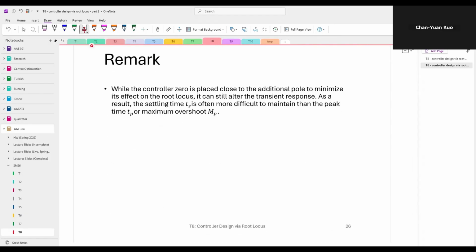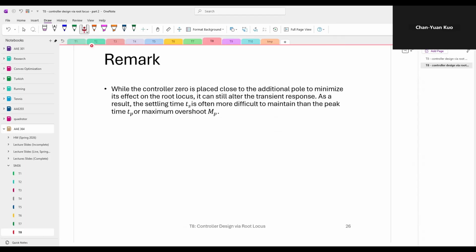And now before we move on to the next exercise, I would like to point out one thing. Although we place the controller zero very close to the added pole so that their effects nearly cancel, this cancellation, however, is never perfect. As a result, compared to the uncompensated system, there will be an additional slow closed-loop pole near the origin, and the transient response may still change slightly.